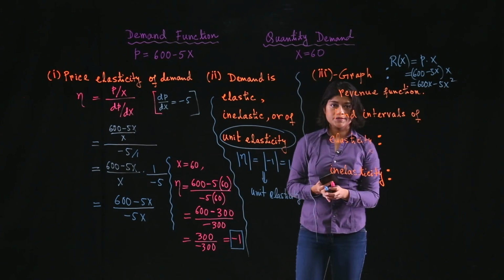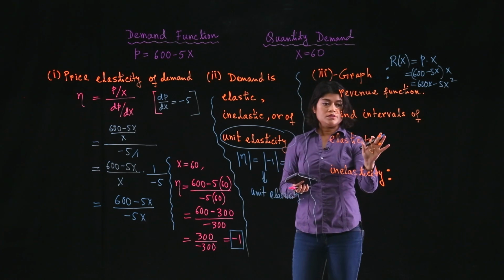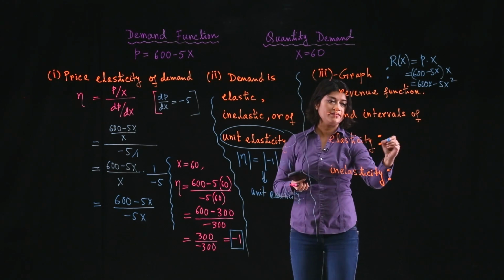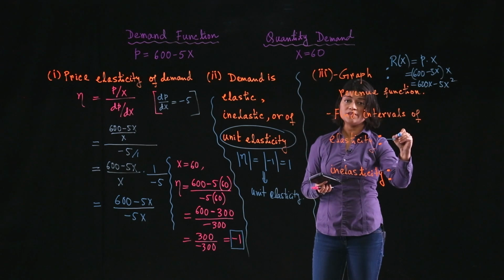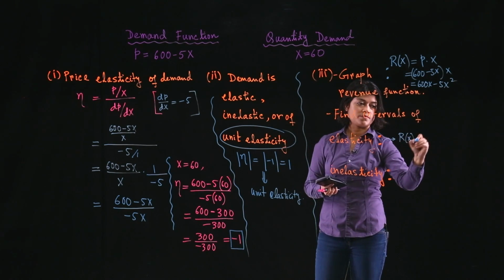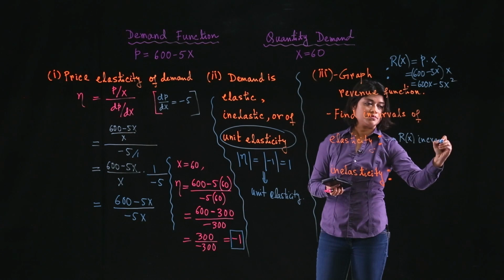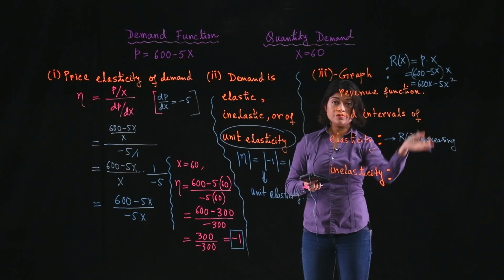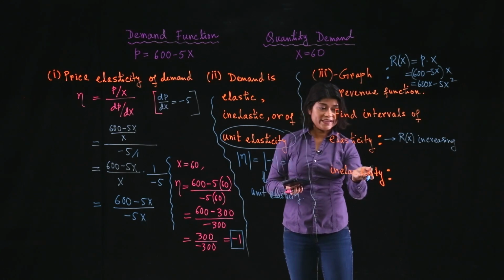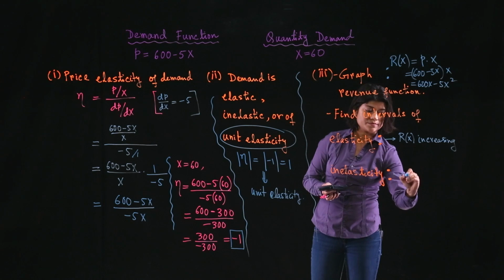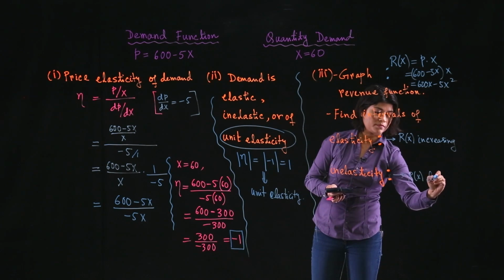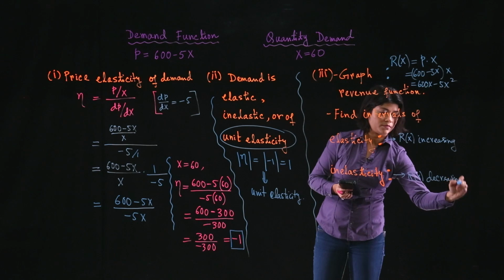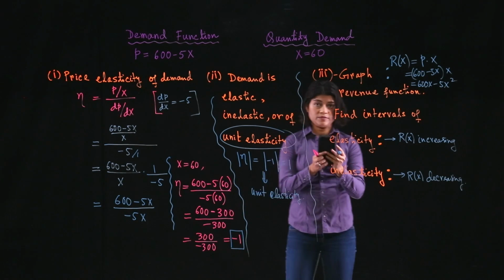So recall that demand is elastic when revenue is increasing, which means we have to figure out in which interval the revenue is increasing, and it will be inelastic when revenue is decreasing. Okay, so let's graph R of x and figure out where the function is increasing and decreasing.